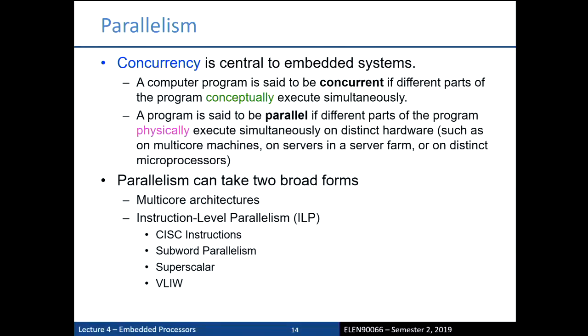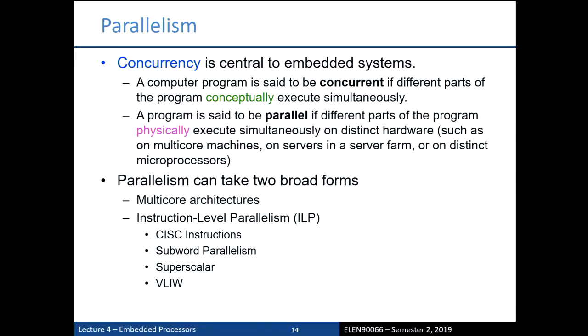For typical embedded systems, we generally don't have multi-core processors because we want to have things repeatable and have things fairly tight in terms of the timing. So we do other things like what's called instruction level parallelism. So CISC instructions, subword parallelism, superscalar, and very long instruction word.